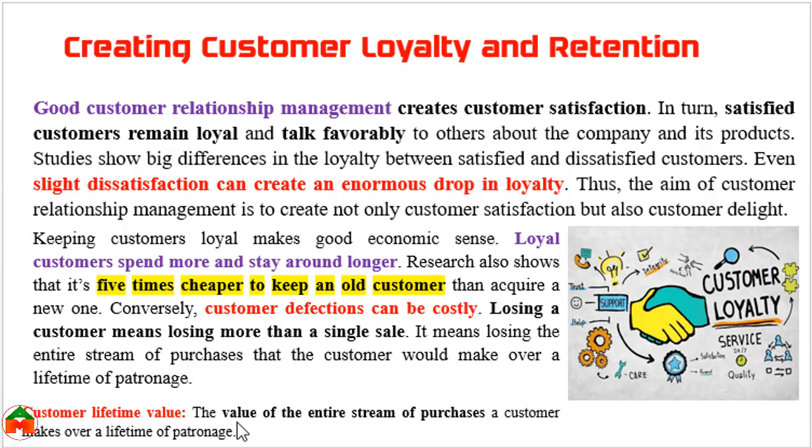The value of the entire stream of purchases a customer makes over a lifetime of patronage. I mean, if the customer remains loyal, the customer will purchase lots of products in the lifetime, and the total amount of those values is called customer lifetime value.